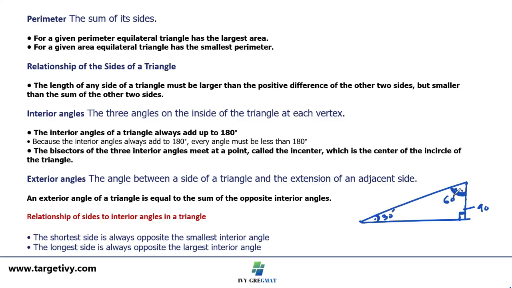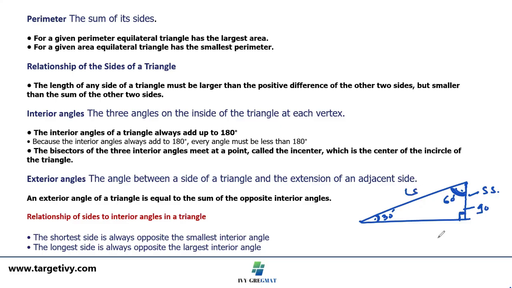And this is 60. So what it says is the shortest side is always opposite to the smallest interior angle. So this is the smallest interior angle, so this is the shortest side. The longest side is opposite to the largest interior angle. So here 90 is the largest, so this is the longest side.